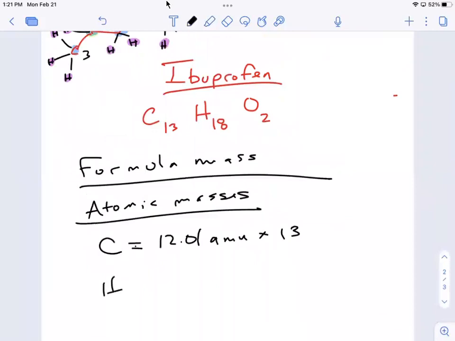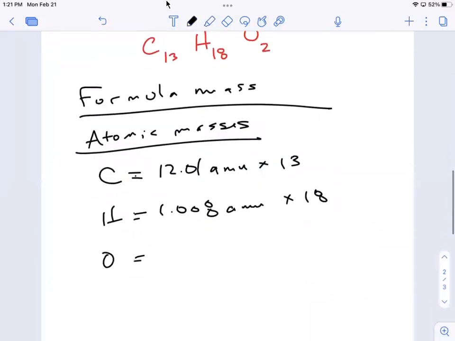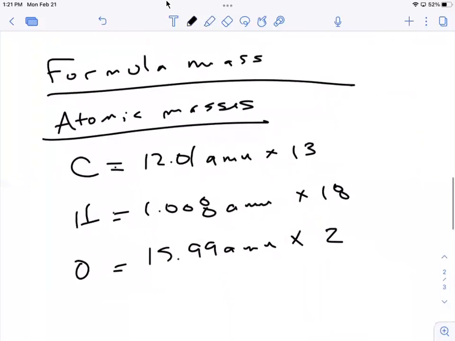For hydrogen, it is 1.008 AMU times 18. And then for oxygen, it is 15.99 AMU times 2. Everybody following that? Anybody not following? Feel free to interrupt or ask a question.